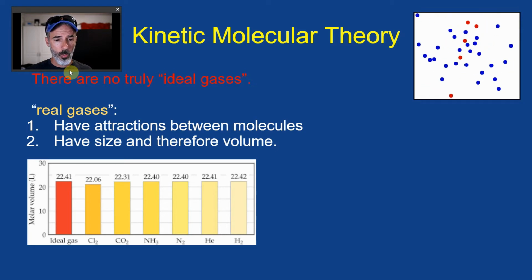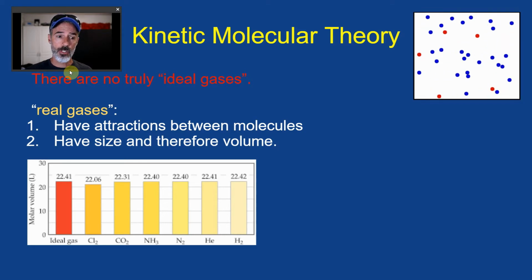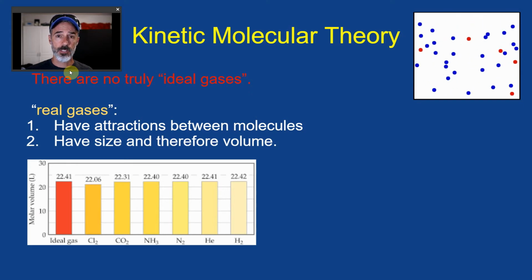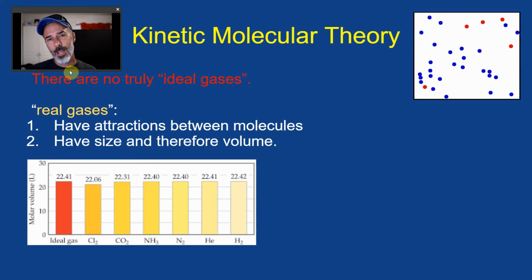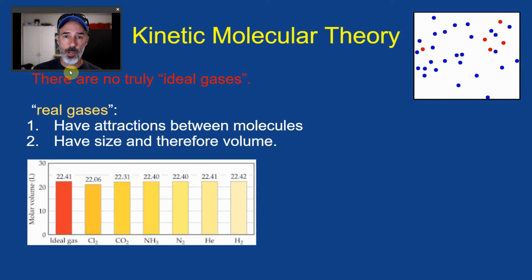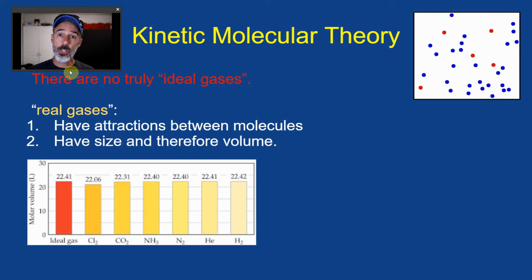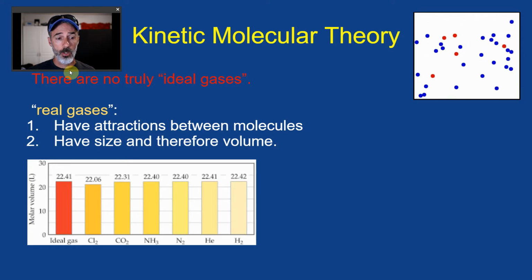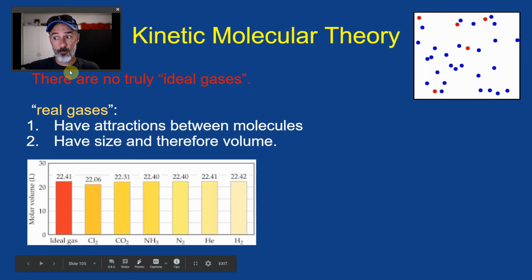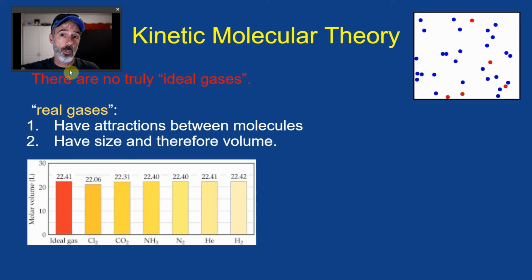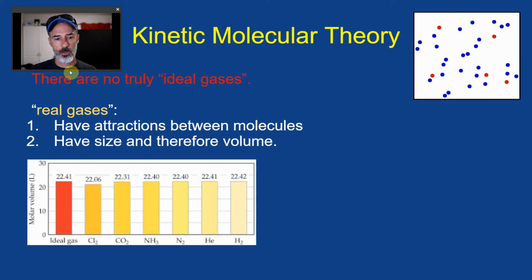And you might wonder, well, why does it look like hydrogen is much closer to ideal than, say, for instance, chlorine? Well, it has to do with some of those things we just learned about. Remember, we said gases have no volume. Well, hydrogen is a much smaller molecule than chlorine is, and therefore chlorine really does have volume, and it behaves like it has volume, and so the math is a little bit further off for chlorine.